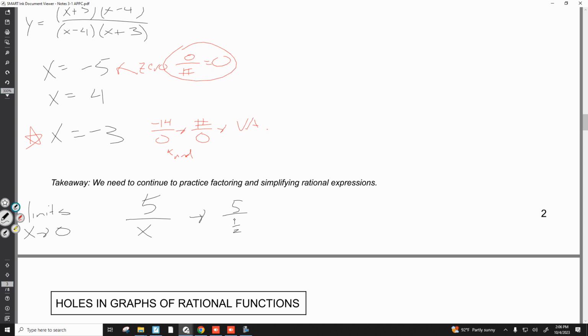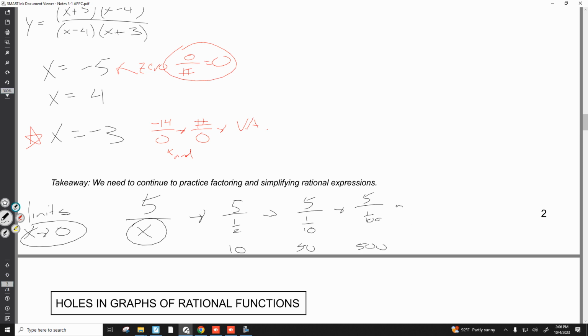Tell your neighbors, what's 5 divided by a half? Good, 10. So this is 10. Let's have x approach 0 some more. What's 5 divided by a tenth? Cool, we get 50. Let's get this x value closer to 0. 5 over 100 is 500.